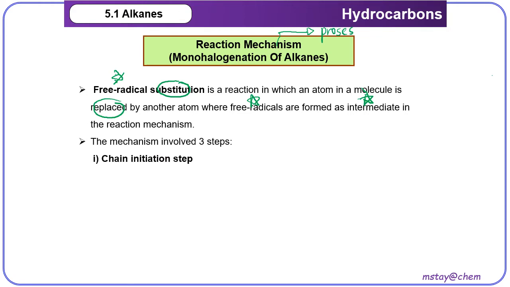Step number 1, chain initiation. From the name initiation, we know that this is permulaan. Second is chain propagation, which in terms that are easier to understand is pembiakan. Then the last step, before the reaction ends, is the chain termination step.